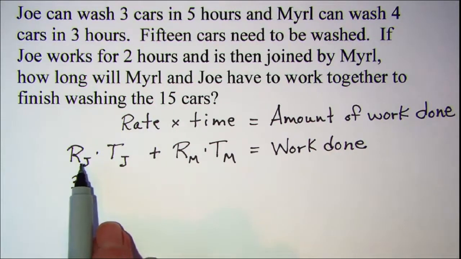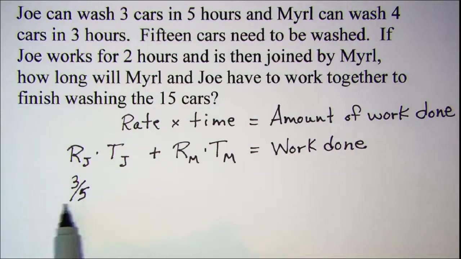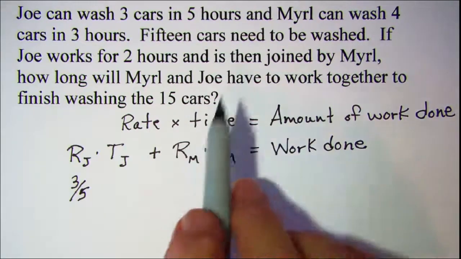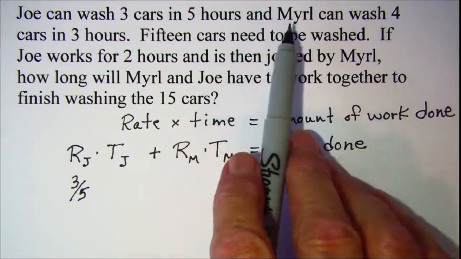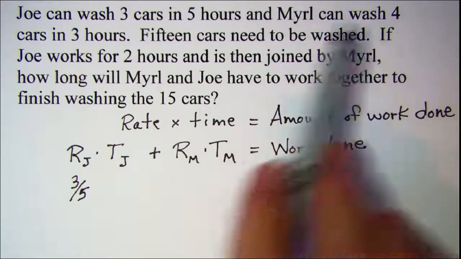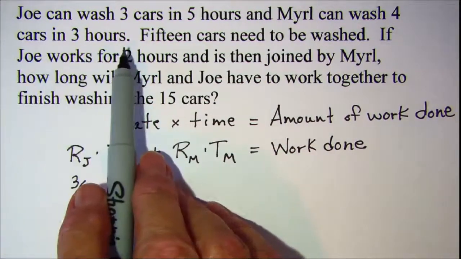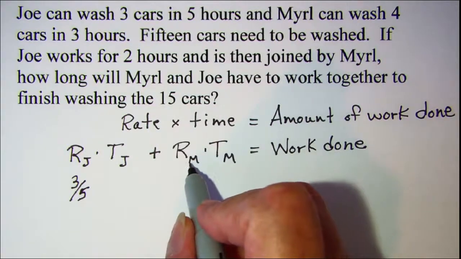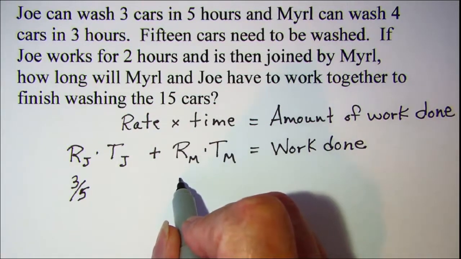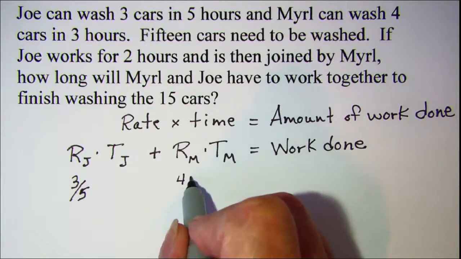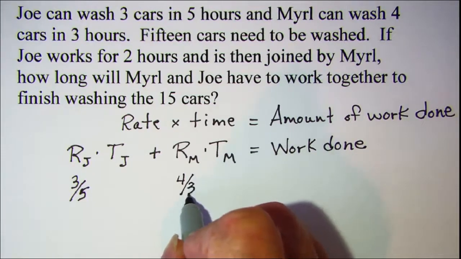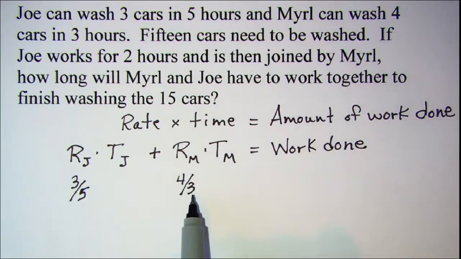Rate is usually per unit of time, so he can do 3 cars in 5 hours, or 3/5 of a car per hour. Let's go ahead and see what Merle's rate is. It says Merle can wash 4 cars in 3 hours. So Merle's rate is 4 cars in 3 hours, or 4/3 of a car per hour.